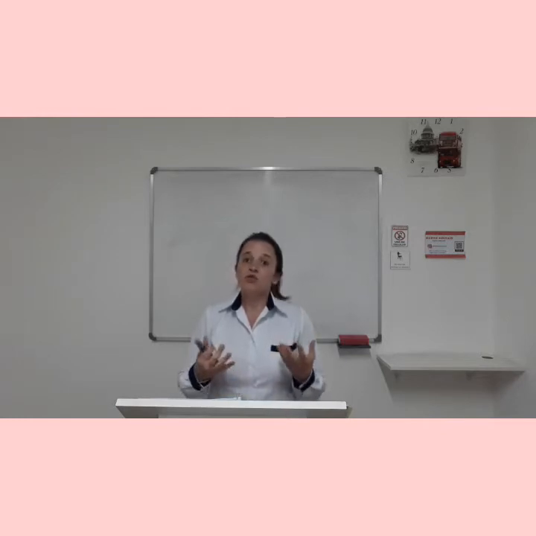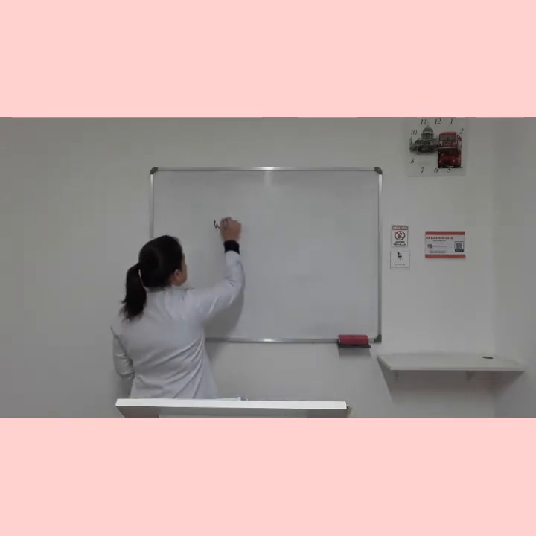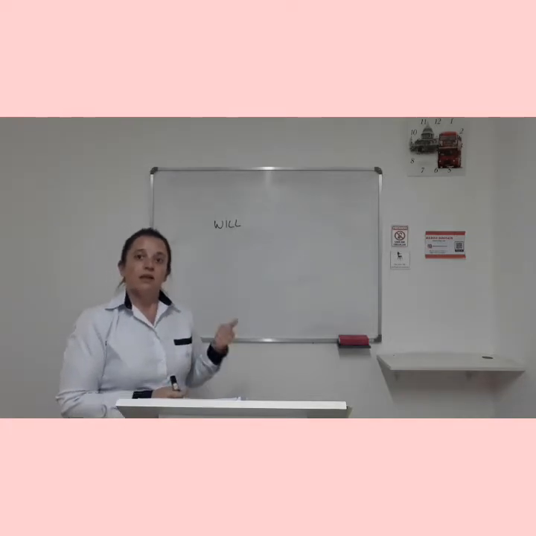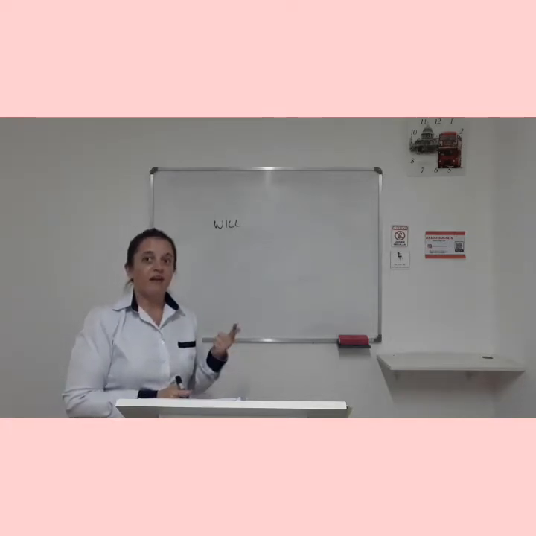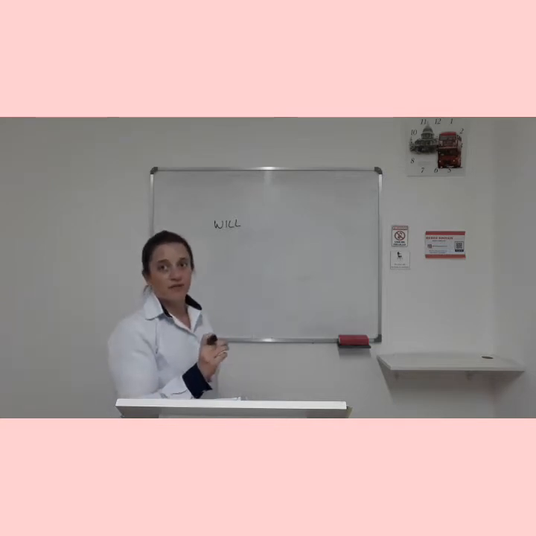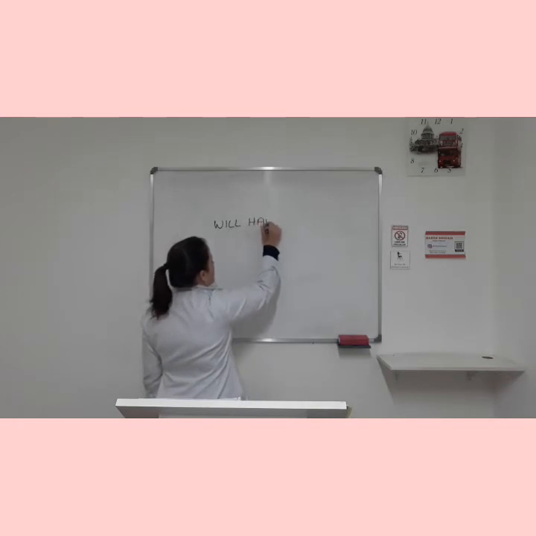Okay? Well, the construction is the easiest thing in a verb tense to memorize. Okay? So, it's future. So, we have will. Okay? It's perfect. So we have the verb. The auxiliary verb of perfect tenses is always have.